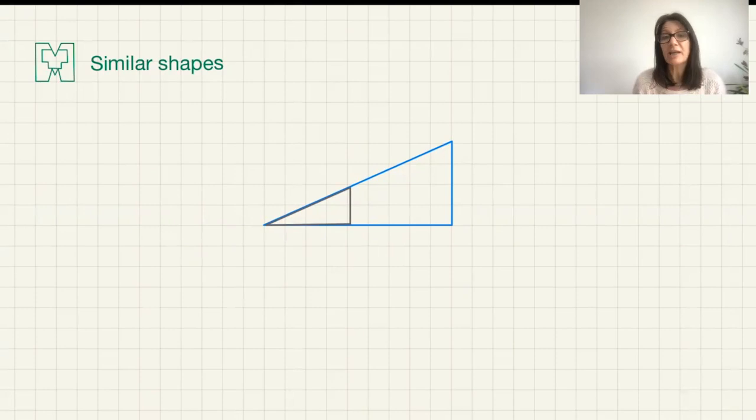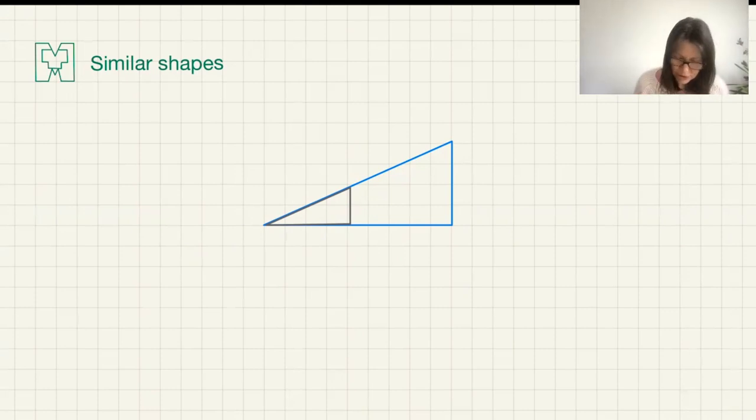You're actually looking at a triangle slotted inside another triangle, and it just messes with the head enough for you to miss what topic you could be looking at. So still similar shapes. The other thing that he could do is use numbers that aren't so easy to work with. Multiplying by 2 is an easy spot, but with something a little bit trickier you're again losing what to do with numbers.